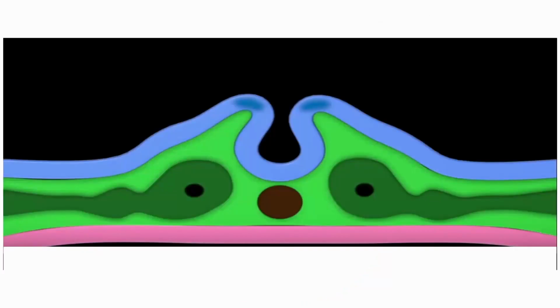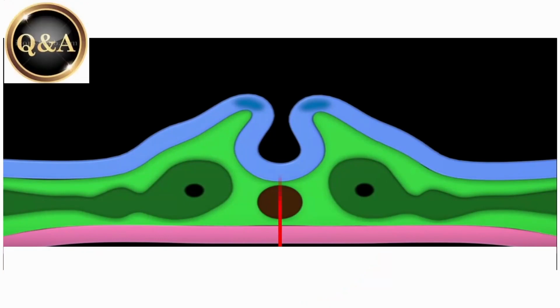This diagram is going to tell us a lot. So let's ask a few questions and try to explain. What is this red line? It is the midline between right and left halves of the embryonic disc.